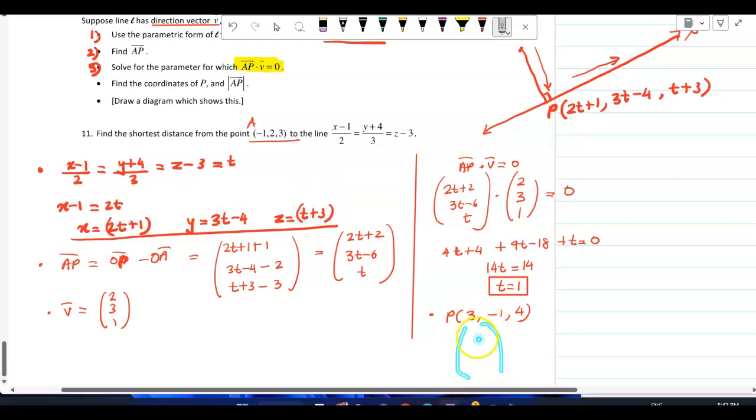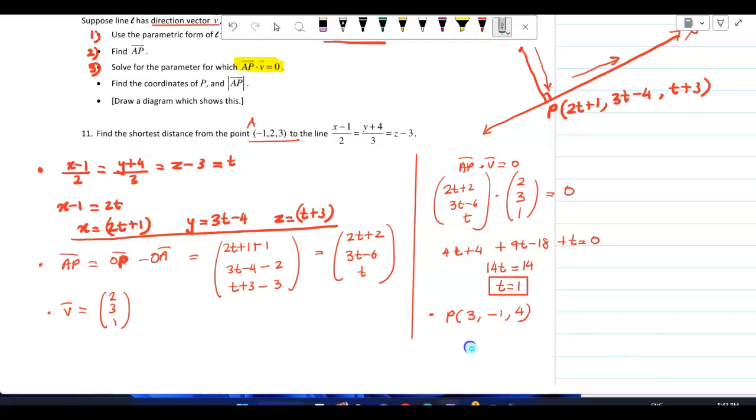So what's the difference between position vector and coordinate? Good question. Coordinates are a point, and a position vector is when you join it to the origin. So P is a point. Given just the coordinates, is it possible to find the position vector? Then that's when you do your OP.